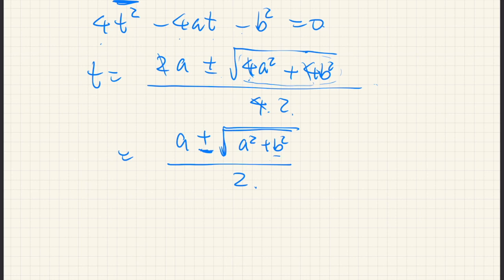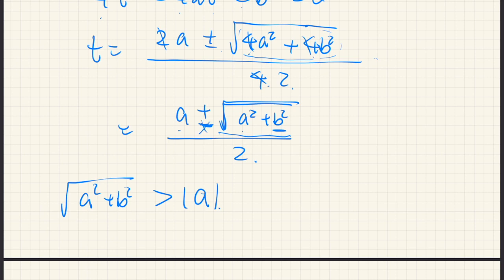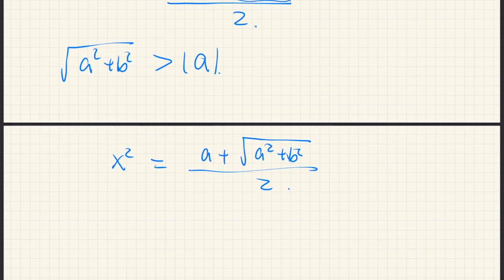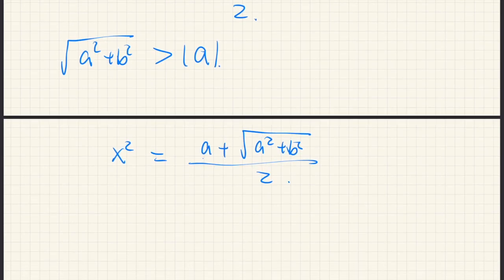However, since b is non-zero, the square root of a squared plus b squared is always strictly greater than plus or minus a, or the absolute value of a. So a minus this thing is negative. Therefore, this negative sign cannot happen. So what we have is x squared is equal to a plus the square root of a squared plus b squared, over 2. And this can be positive or negative depending on the sign of a.